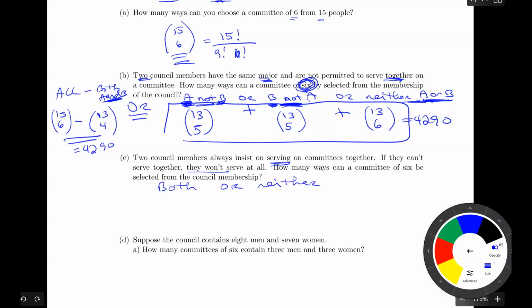If I choose both of them, then on the committee of 6, I only have 4 left to choose, and I've already chosen both of them from the 15 people, so there's only 13 left to choose from. Or, I don't choose either of those 2. So out of the 15 people, I've eliminated 2, so there's still 13 people to pick from, but I still need my committee of 6, so I pick 6.